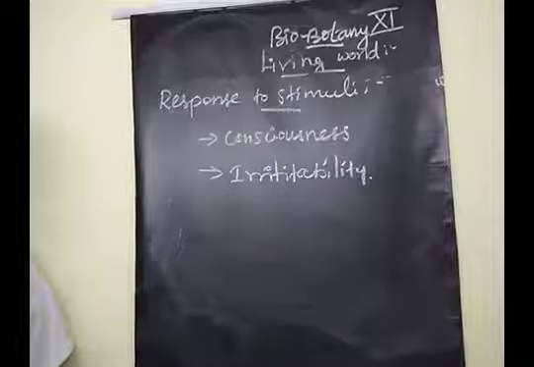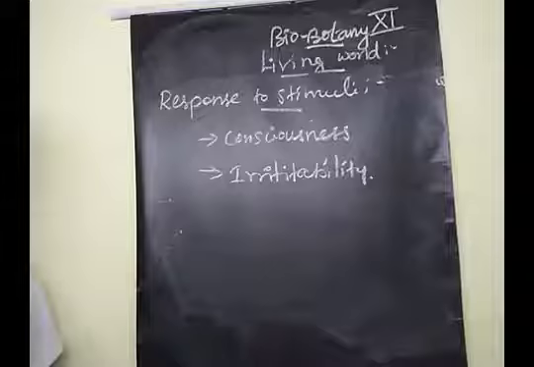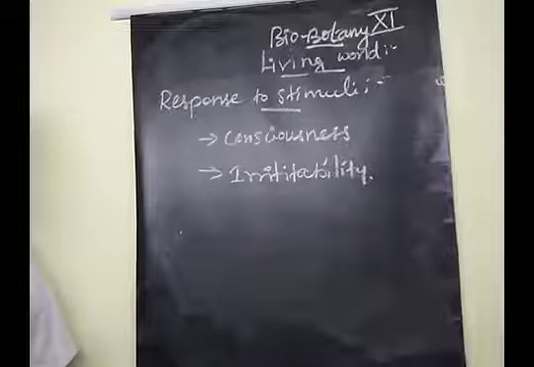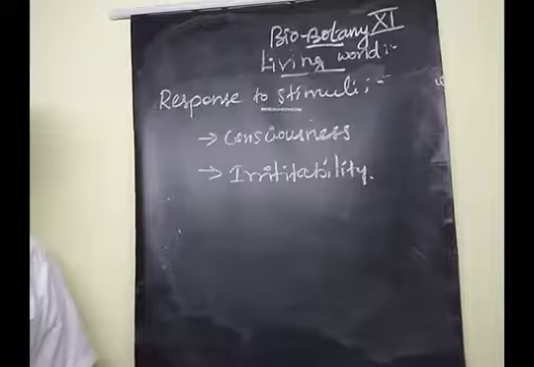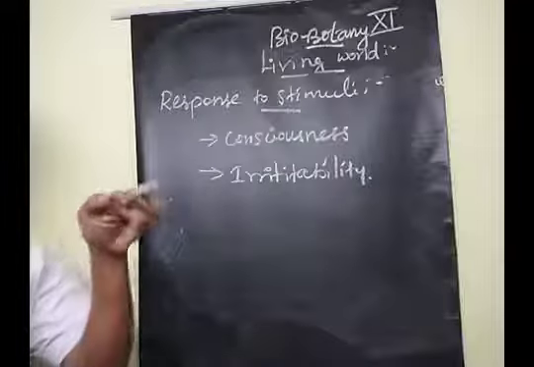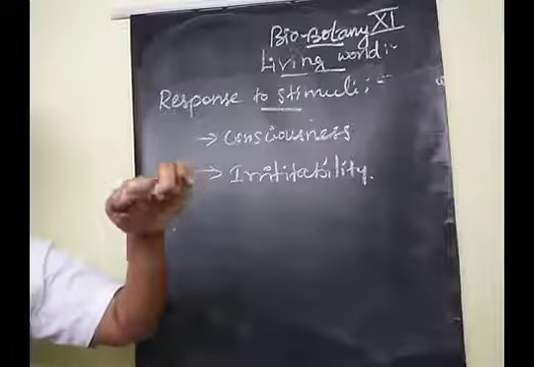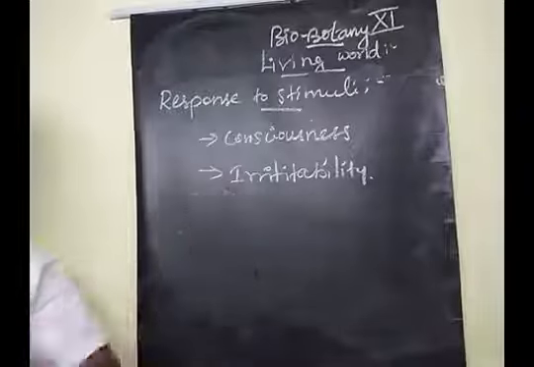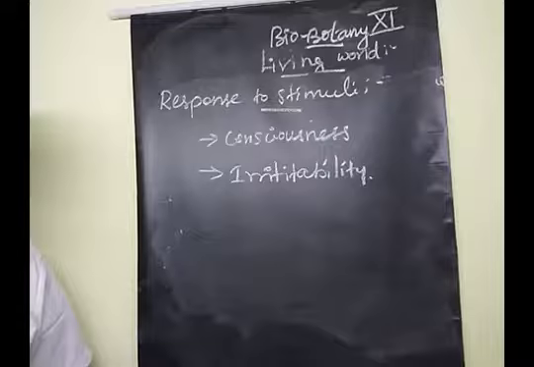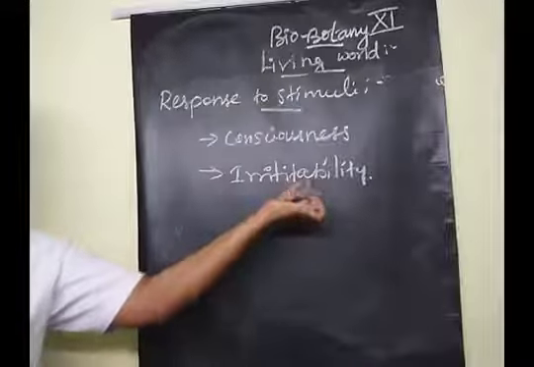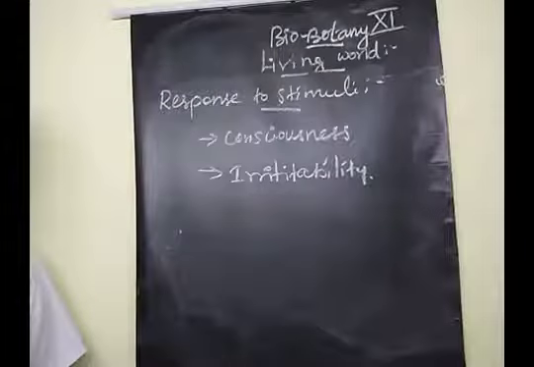Plants bend towards the sunlight. The next one, you know the touch-me-not plant? If we give a stimulus, that is, if we touch the leaves, the leaves immediately close. Understood, children? These are a few examples of irritability in plants.